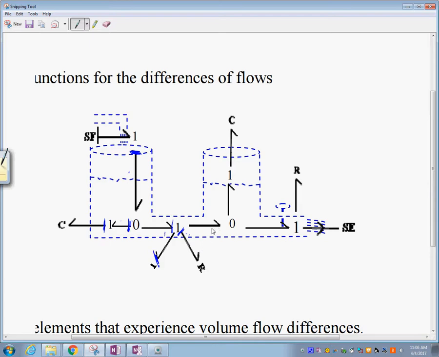We have to assign it to the other right here, and then we'll assign the causal mark here. That makes this like this, and the zero junction makes the other ones out.